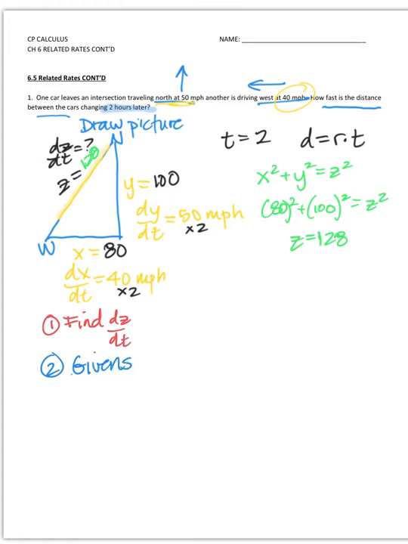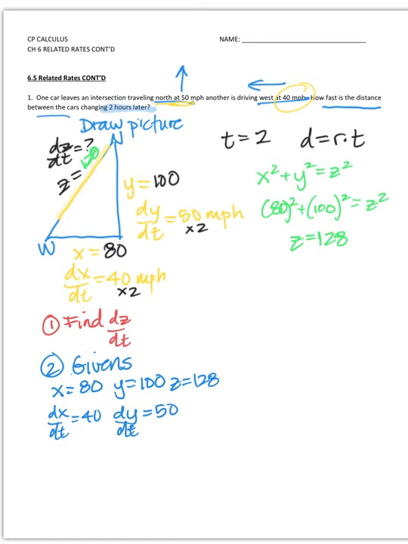We know our x value is 80, our y is 100, our z is 128. We know our dx/dt was the 40, and we know our dy/dt was the 50.